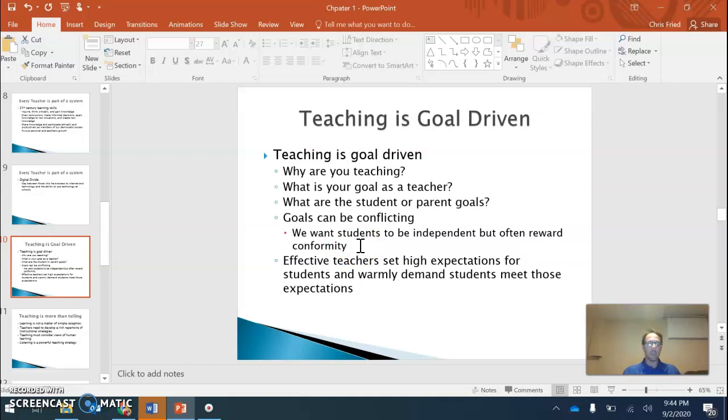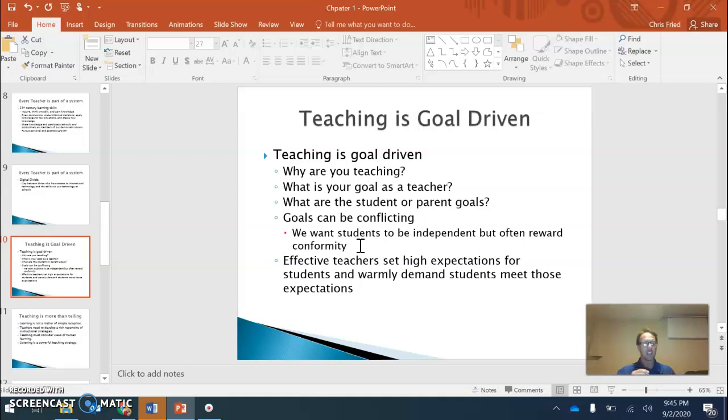Maybe they want to be a better student, a better friend, or do something right that may be hard to quantify or measure. But we also want them to get good grades and improve their scores, and that might be part of conformity, going along with the group.